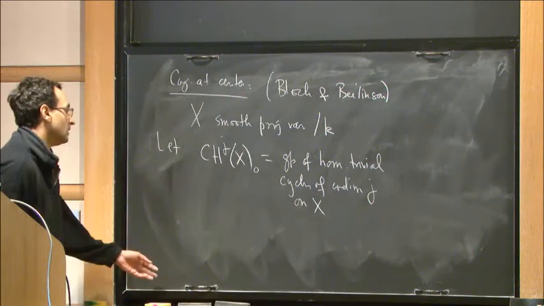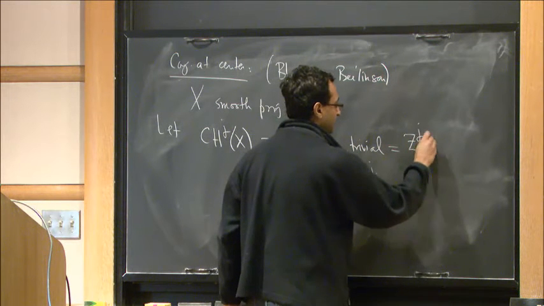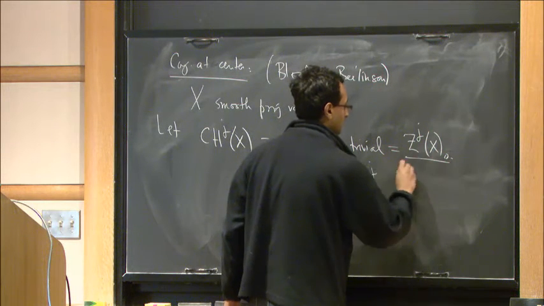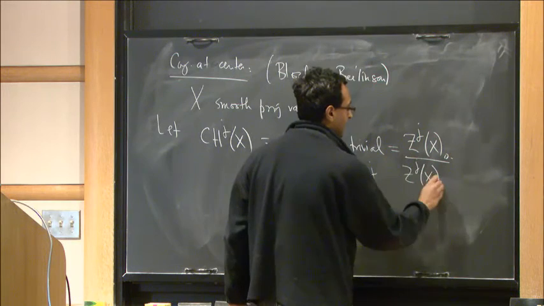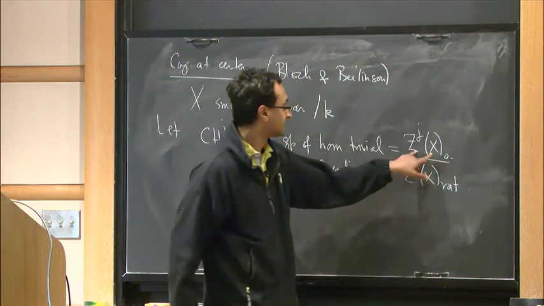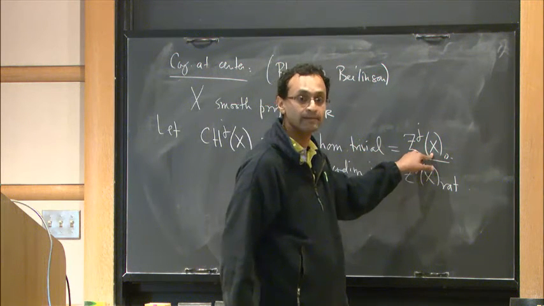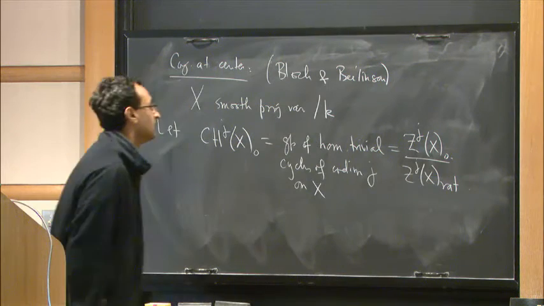Okay. So what this is defined in the following way. I'll write this as Z^j(X)_0 by Z^j(X)_rat. Okay, so let me just say what this is. Z^j(X) is just going to be the free abelian group on subvarieties of codimension j. Okay, that's what it is.